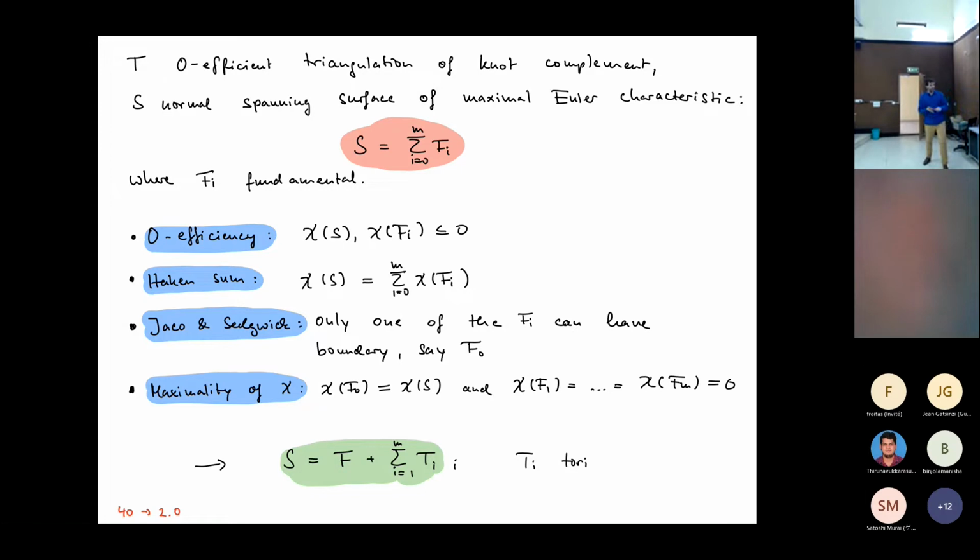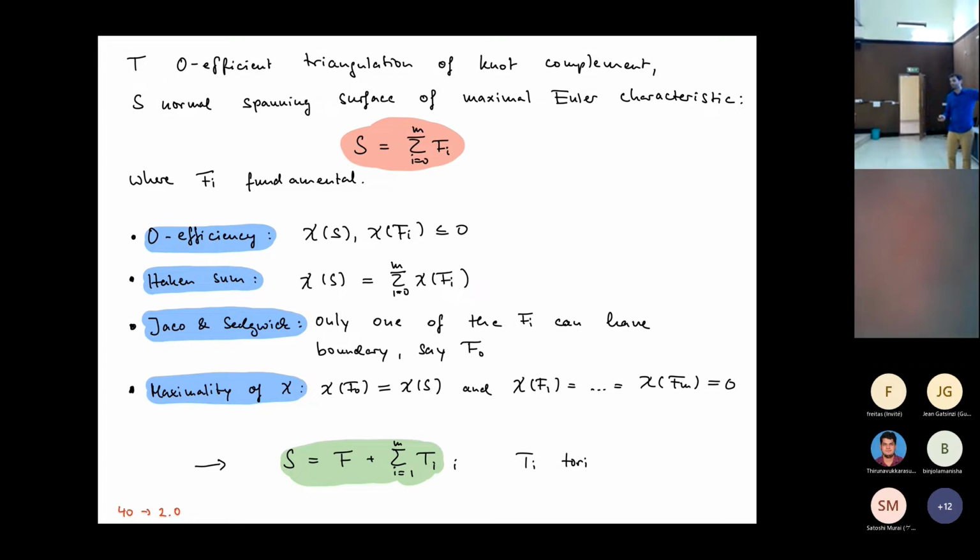We don't know this, we just assume S is this surface. So we know the surface, because of its maximal Euler characteristic, must be incompressible and boundary incompressible. Otherwise, you could make it boundary incompressible, normalize it, and then it's not maximal in Euler characteristic. So we know it's a normal surface.